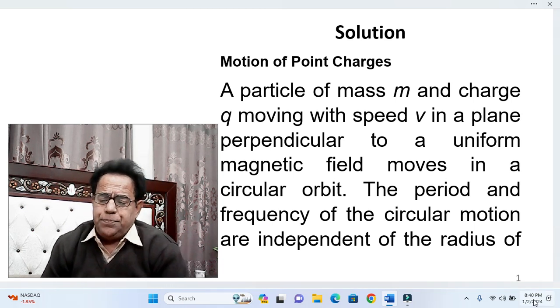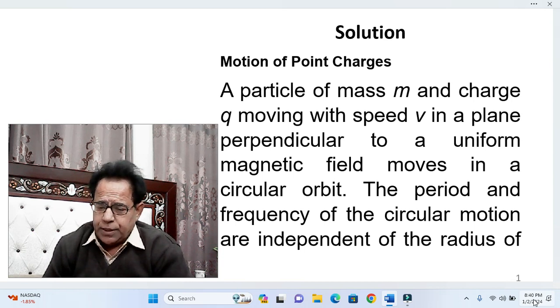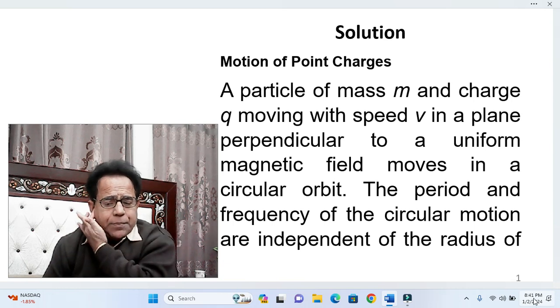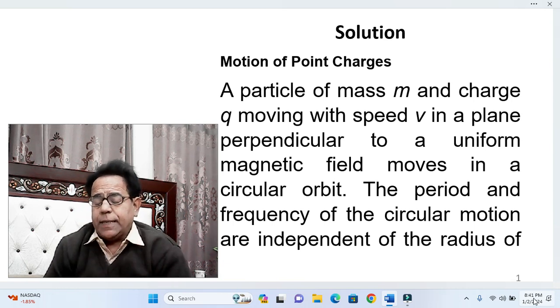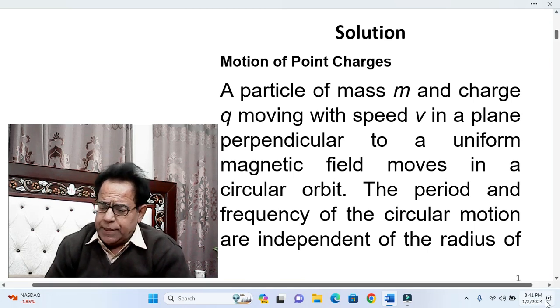Before starting our solution in a regular manner, we must go through a number of snapshots. These snapshots will provide us a foundation regarding the proper understanding of the problem. After going through these snapshots, we will start our solution in a formal manner.